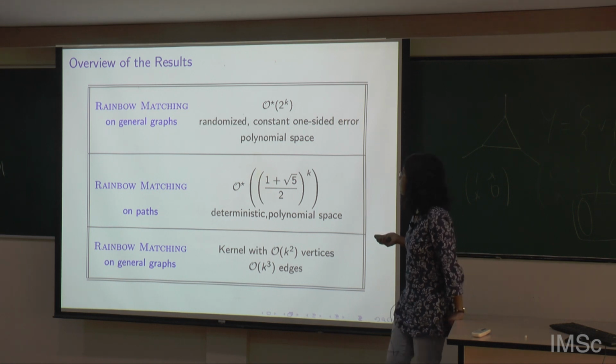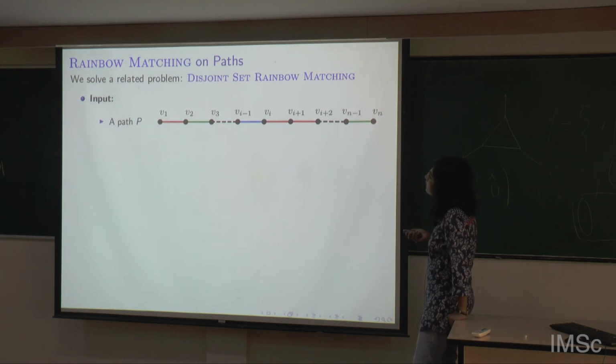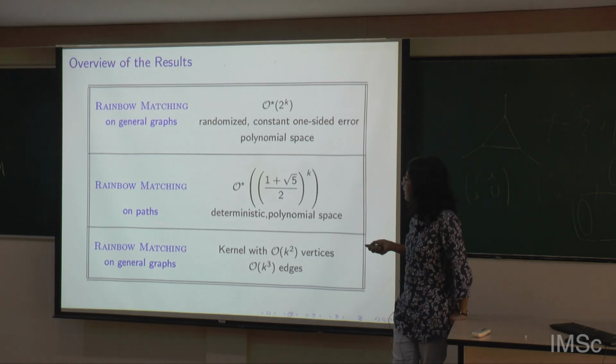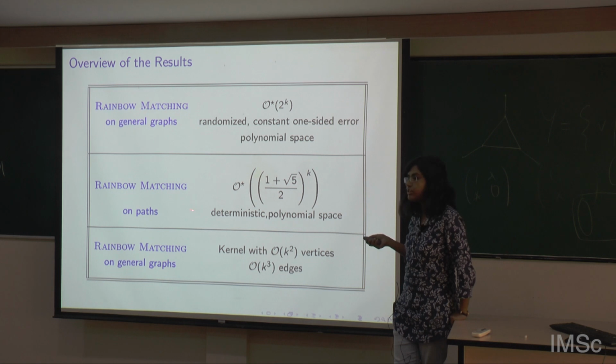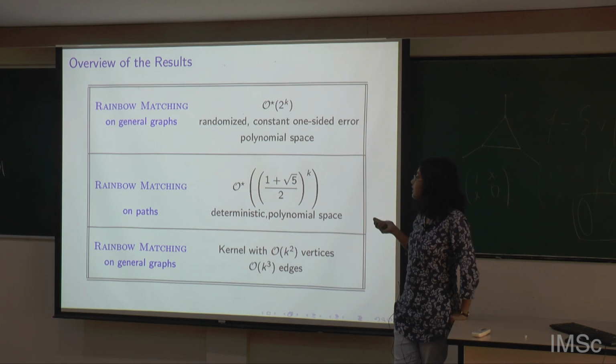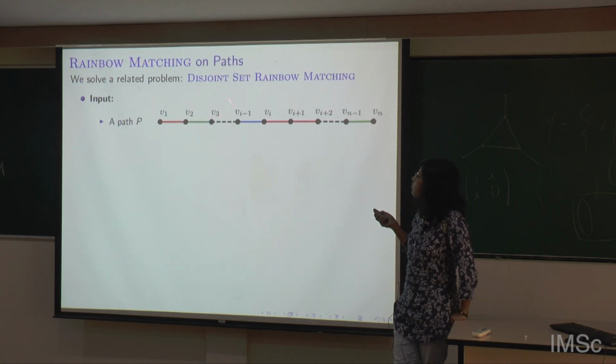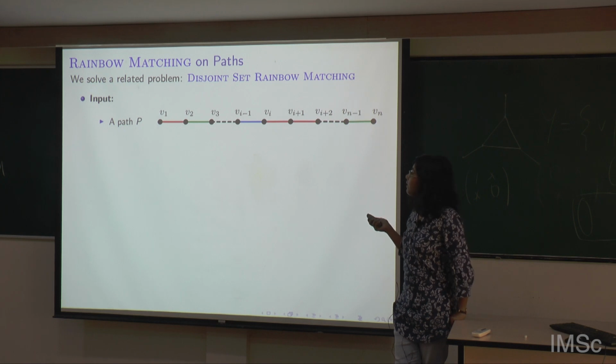So let's begin. We'll first look at the path problem. To solve it, I'll introduce another problem related to rainbow matching, which we call the disjoint set rainbow matching problem.